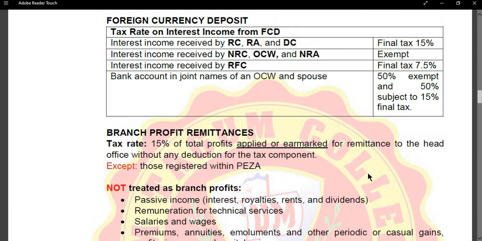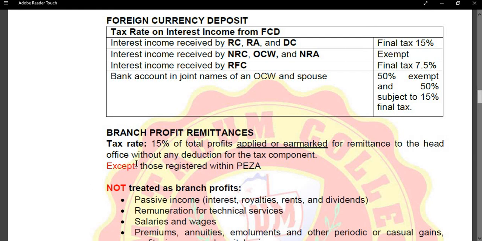Okay, now branch profit remittance. The branch profit remittance tax is 15% of total profits applied or earmarked for remittance to the head office without any deduction for the tax component.